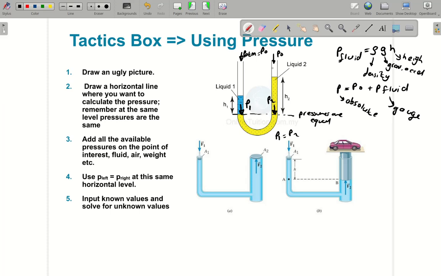Notice here situation might change. If the right side is closed, I won't have P0 there then, I won't add it and so on. I can have the same fluid, different fluids. Here I have different fluids, right? If I call this density rho 1, I should call this rho 2 and so on.